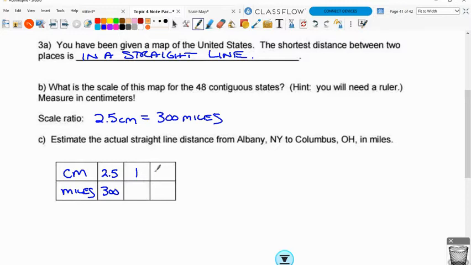And then I'm going to scale ahead to the 4.2 centimeters that I measured on the map for the distance from Albany to Columbus. So I'm going to take my 2.5 centimeters, and the way that I'm going to scale back to 1 centimeter is by dividing by 2.5. 2.5 divided by 2.5 is 1. I then have to do the same thing to my 300 miles. I'm going to scale back by dividing by 2.5.